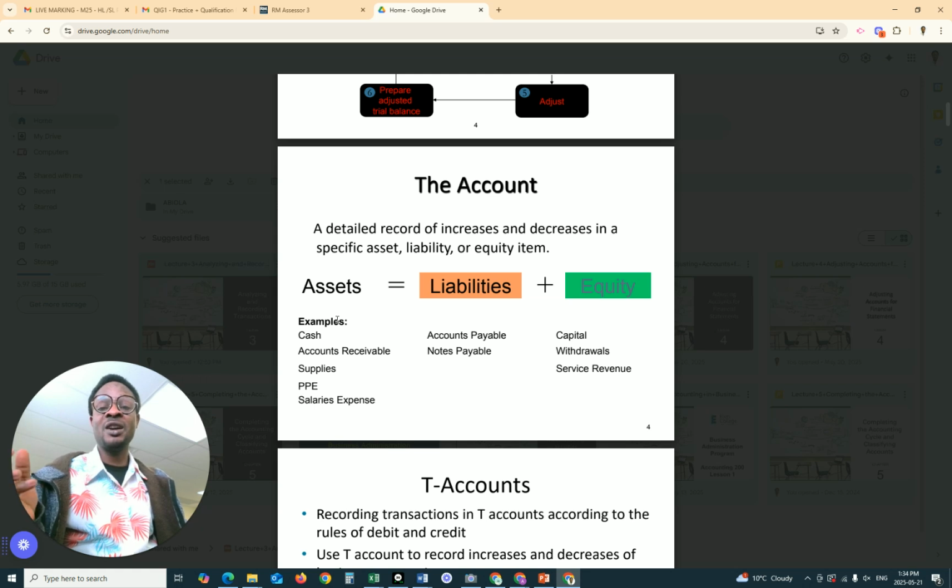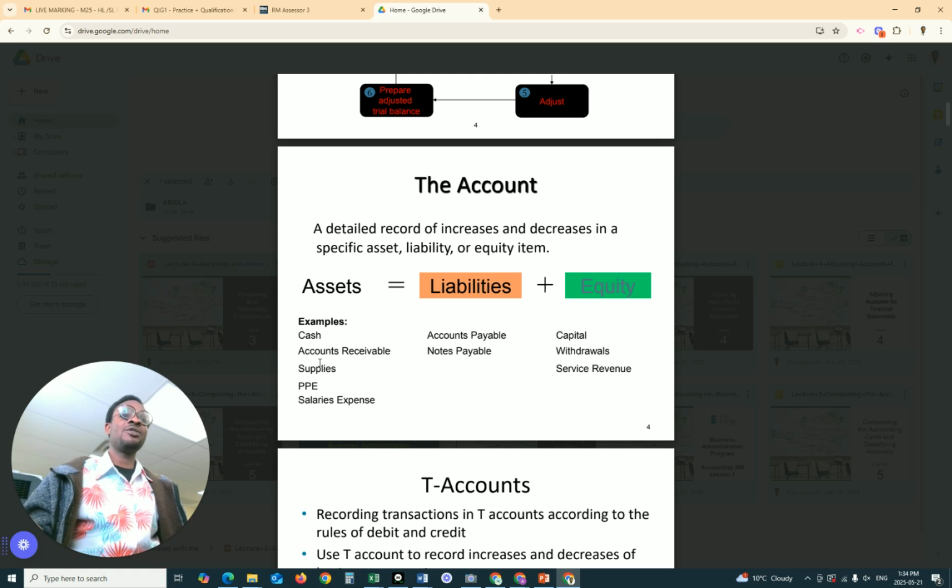They are resources with economic value and are owned by the business or owed to the business, like cash, accounts receivable, supplies, property, plant and equipment, as PPE, and prepaid salaries expense. Prepaid expense is also an asset.